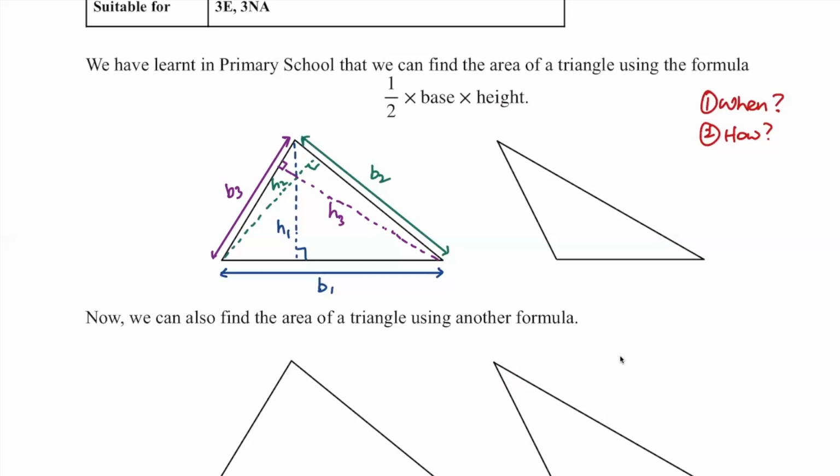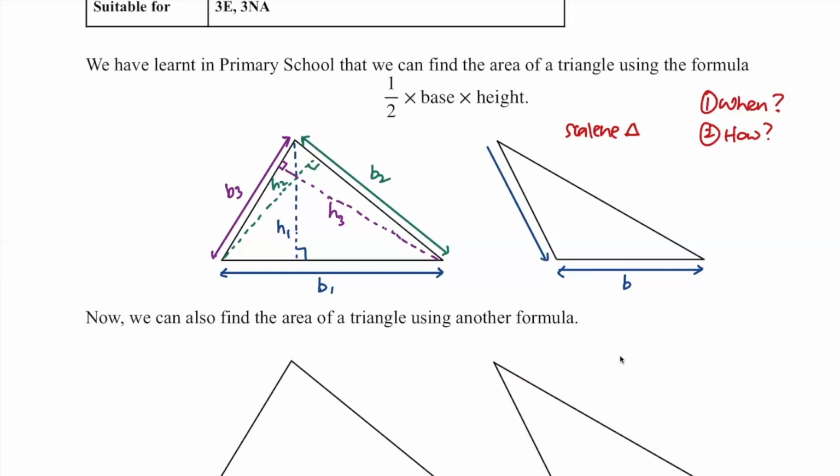Okay, so this is a bit of revision, but I also want to revise for scalene triangles. This one here is what we call a scalene triangle. Basically, one of the angles is obtuse. If you let this be the base, for example, then the height is not going to be this. A lot of people will think that this is the height, but it cannot be the case.